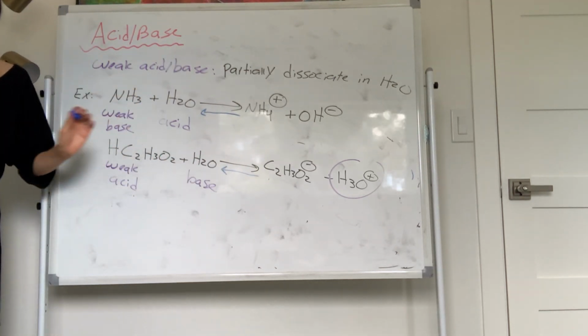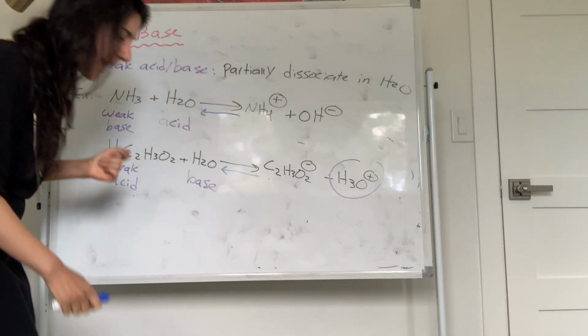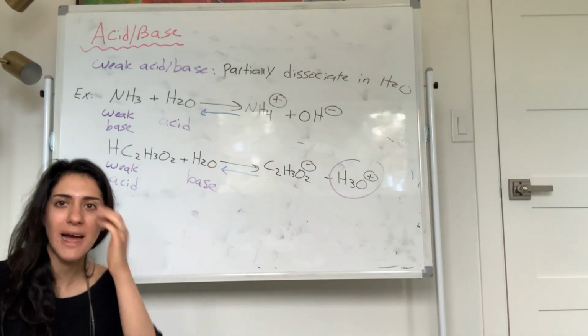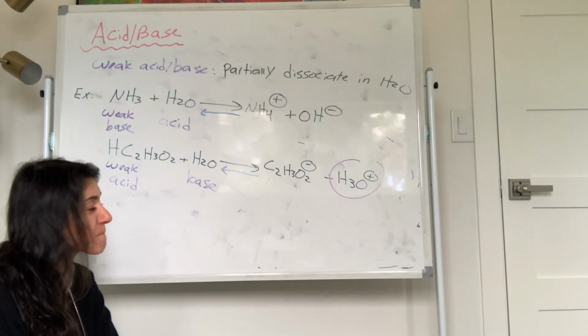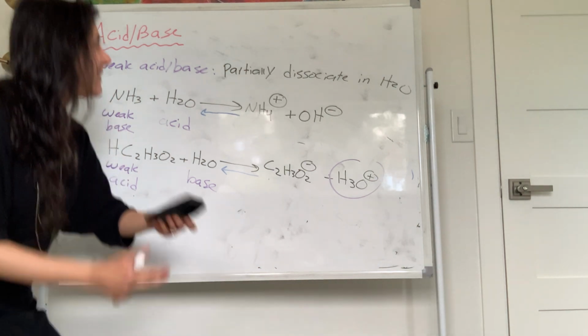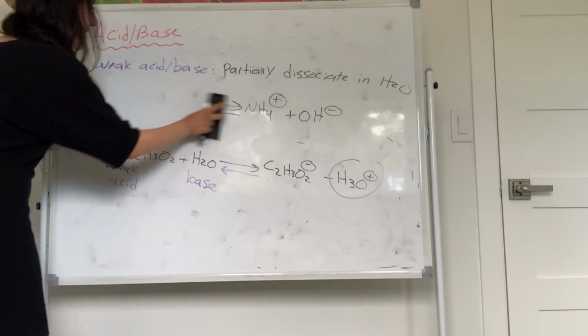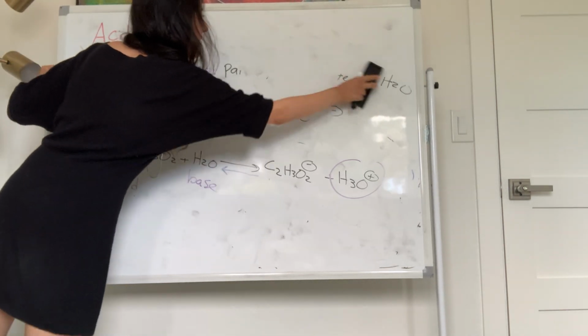There's a forward and a backward reaction. Every time you have a weak acid or base, you are going to have an equilibrium. You know equilibrium well. Now let's do one more practice problem, and I'll show you the next part of that practice problem.